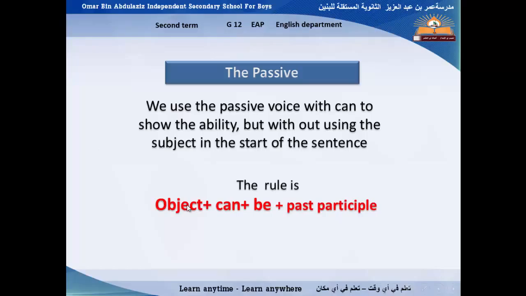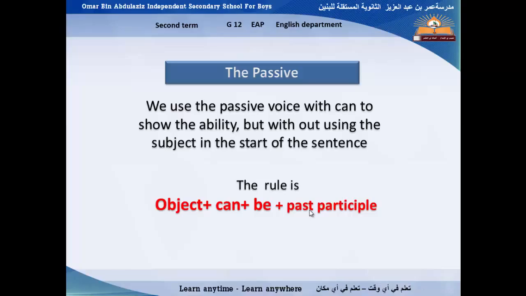The object is the part of the sentence that is affected by the action of the sentence or the verb itself. Then you put the word can plus the word be, and finally you add the past participle.